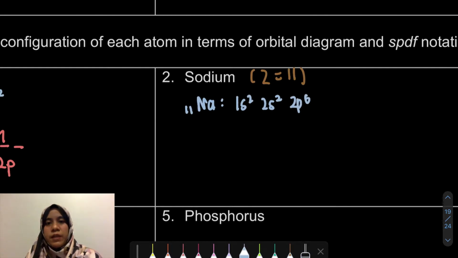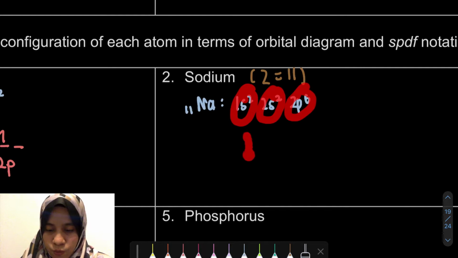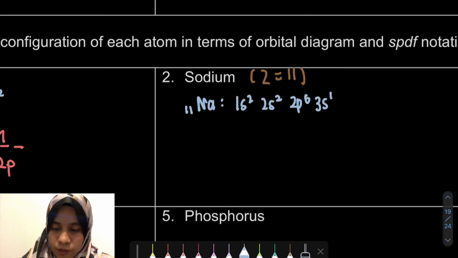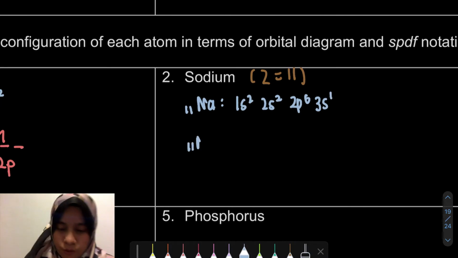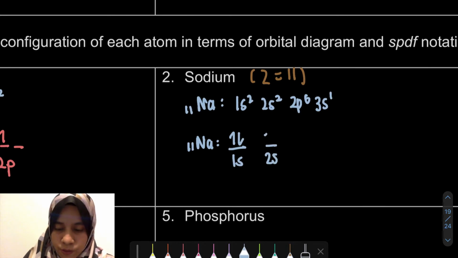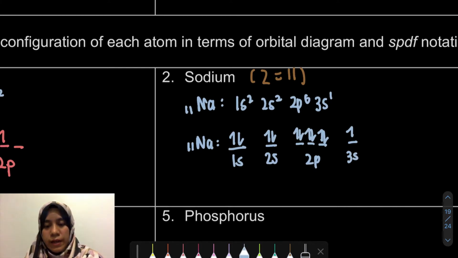Since n equals 2, l could be 0 and 1 only, which is 2s2p. So 2, 4, 6, that makes 10. We have another one, so it will be 3s1. So for 11 sodium: 1s, 2s, 2p, 1, 2, 3, 4, 5, 6, then 3s1. So that is for our sodium.